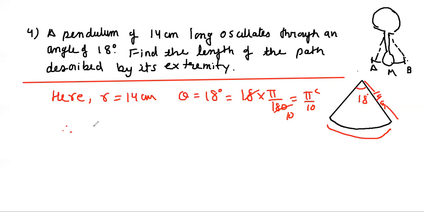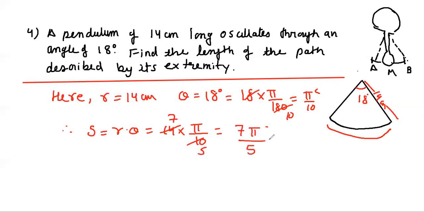Yes, sir. I will write down the length of arc is equal to r theta, that is 14 into pi upon 10. Okay, now can I cancel this? Yes, 7 2s are 14, 2 7s are 14, 2 5s are 10. Finally, I can write down this as 7 pi upon 5 radians. Not radians, this time since it is the length of arc, I will write down centimeter. Got it?